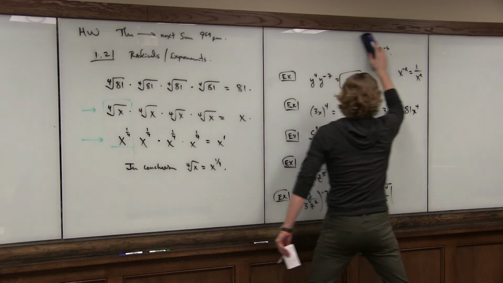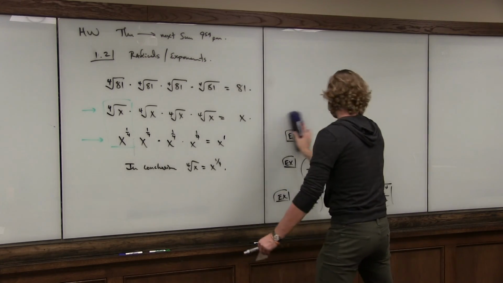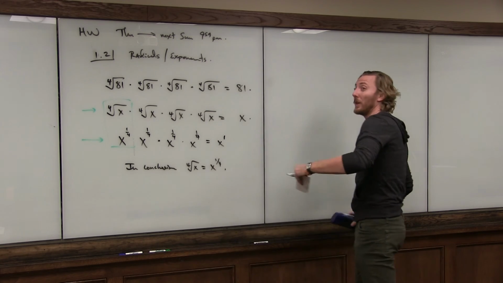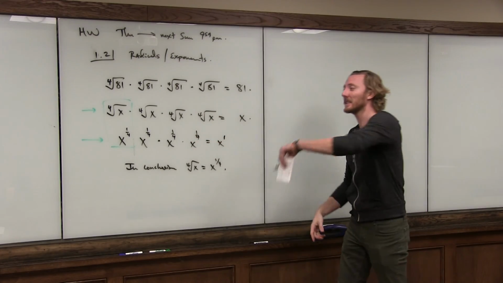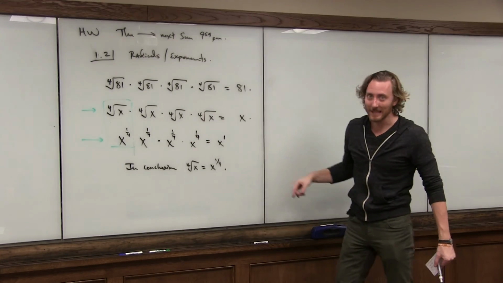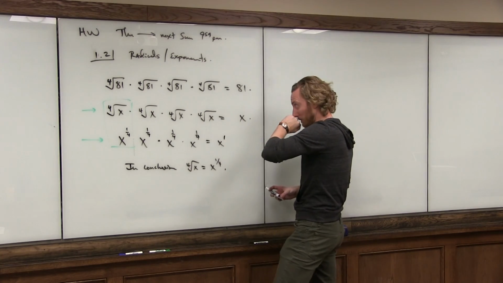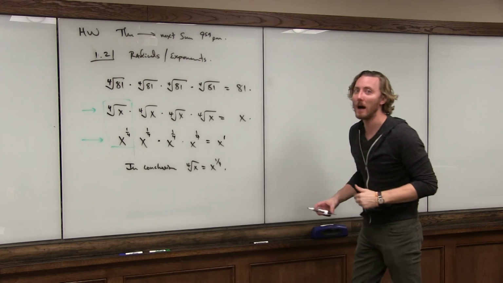But think about this. The fact that we dealt with the 4th root in that case is not really special in any way. We could have dealt with the 5th root of x and used x to the 1/5, or the 6th root of x and used x to the 1/6. Because the 6th root of x would have to multiply by itself 6 times to be x, and the exponent we need would be a 6th to add to itself 6 times to be 1.